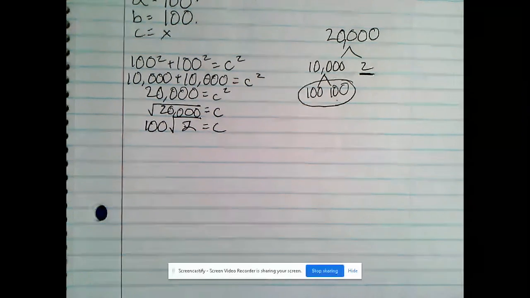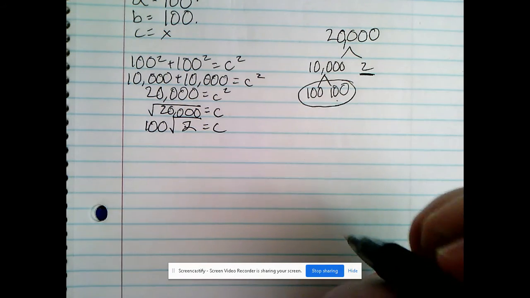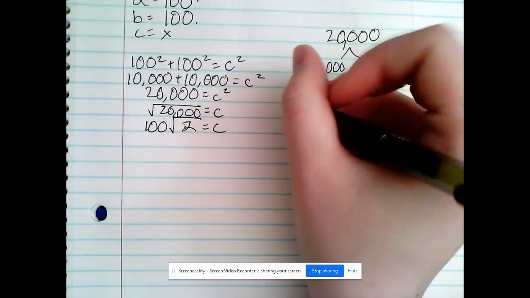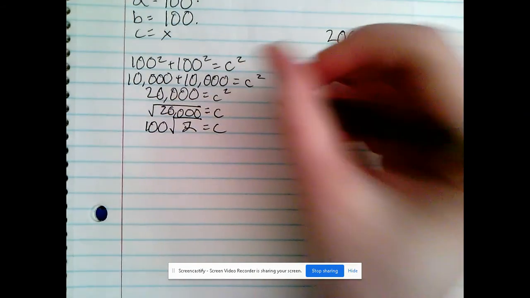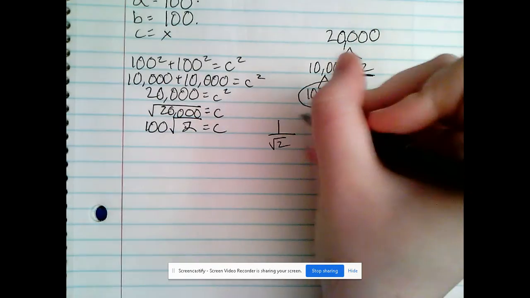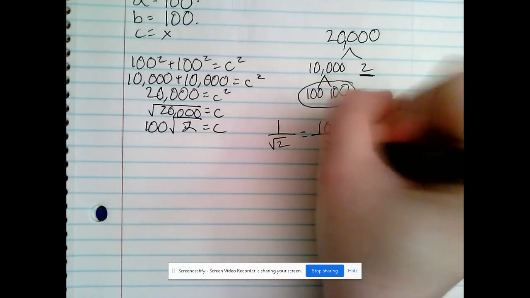Now we're going to use the ratio that we used the last round too, because if it has equal sides, then we know it's an isosceles triangle, and we know that the base angles are going to be the same. It's the same reason that the example from the first part of the lesson has degrees of 45. For the ratio method, we set up our leg over hypotenuse equals our leg over hypotenuse.